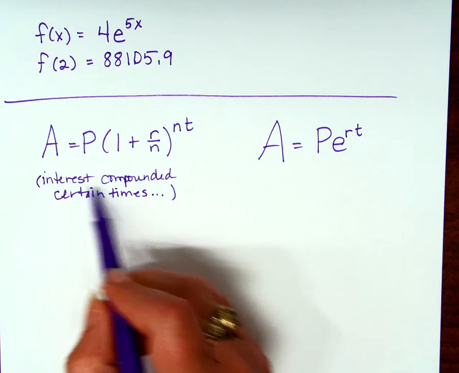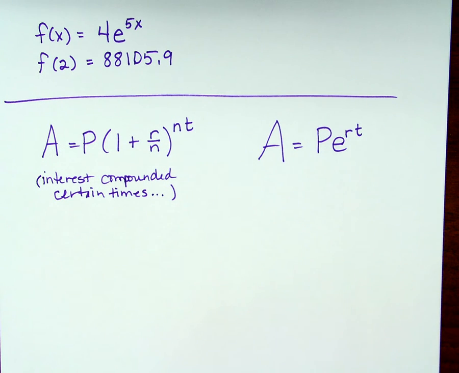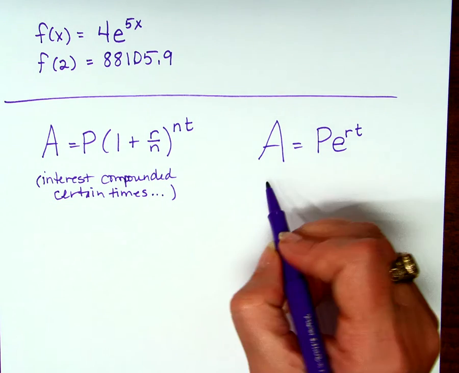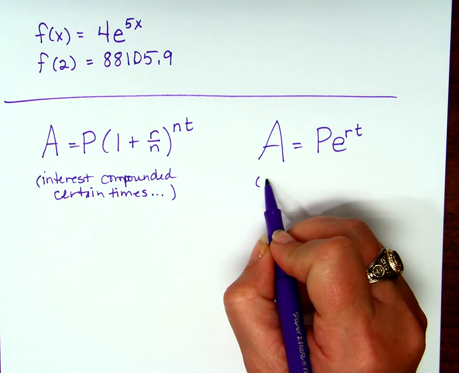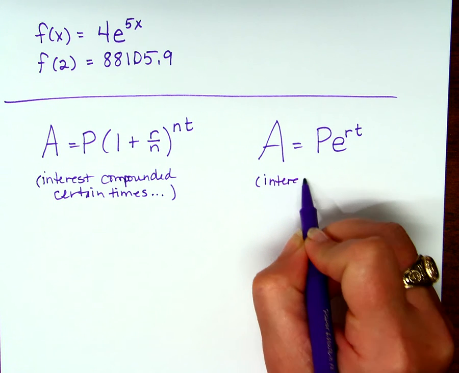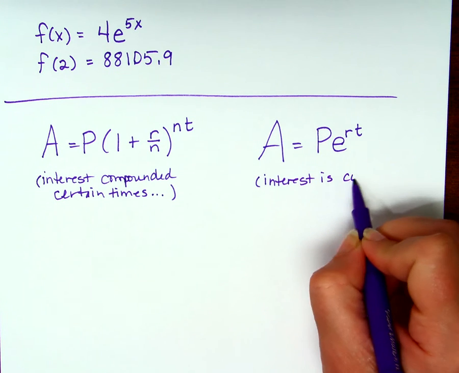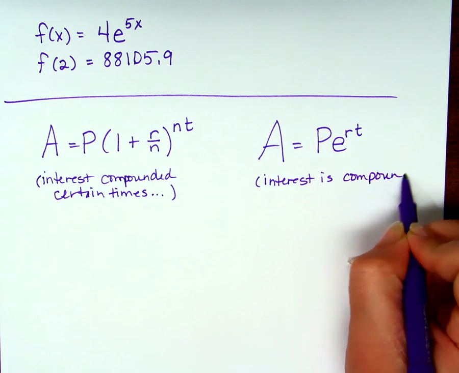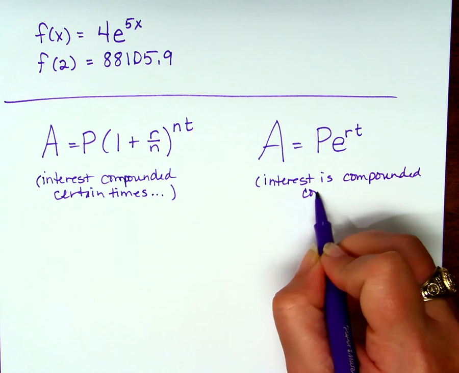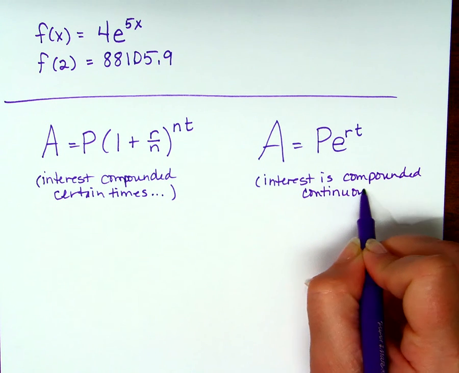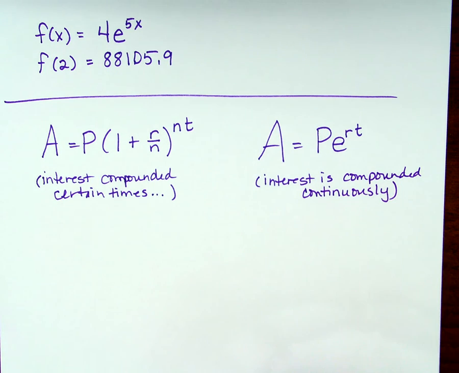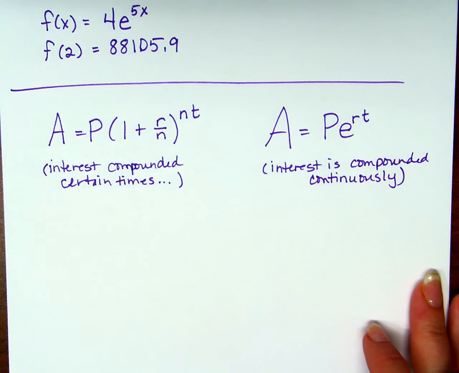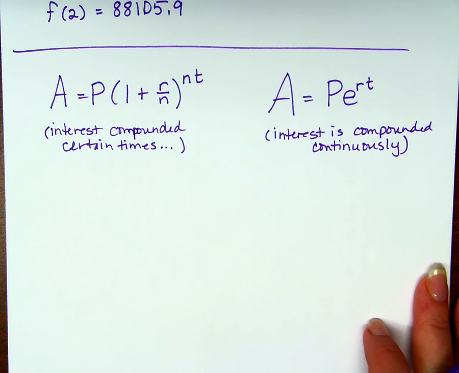So it's interest compounded the certain times of however many it tells you. Okay, this kind over here is interest compounded continuously. So all the times you're constantly earning interest.